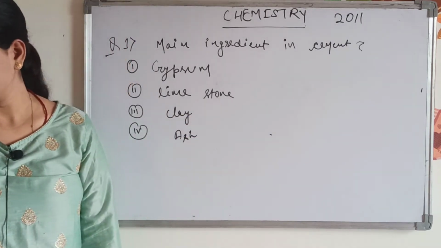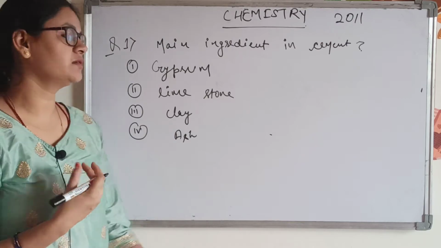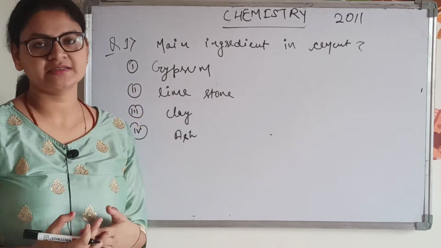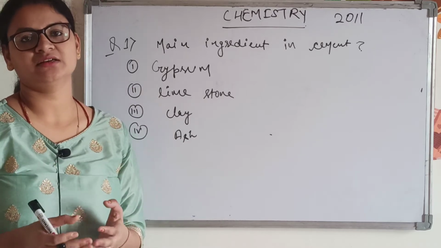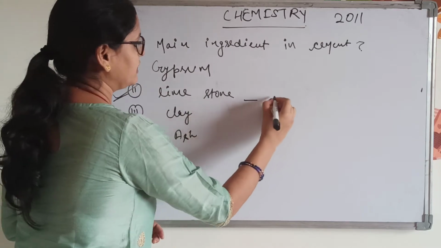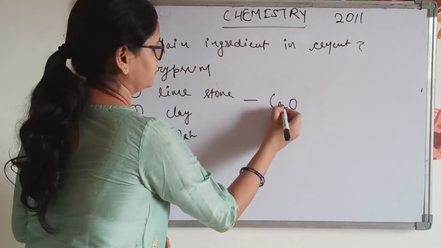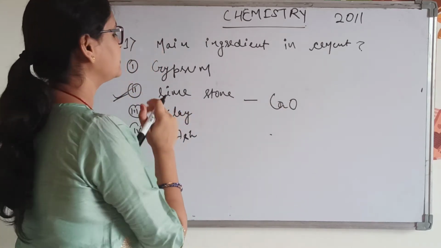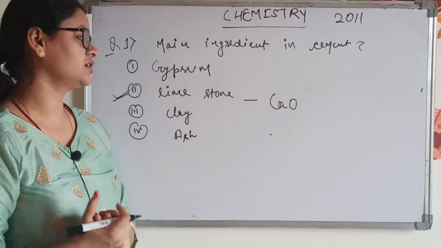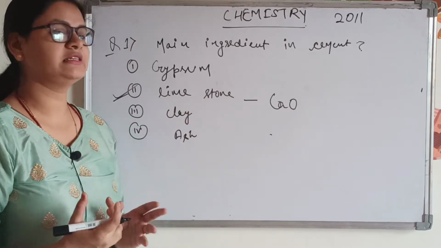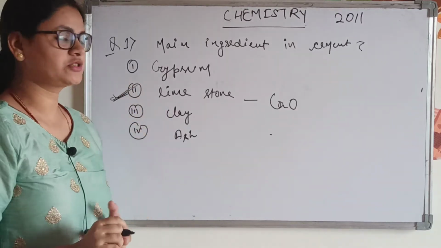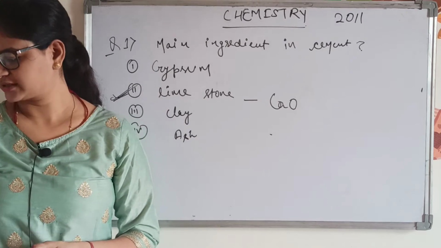See, all the ingredients are present in cement, but the main ingredient is limestone, and the formula is calcium oxide. Why is it called lime? Because calcium oxide is there, so it is limestone which is present in the form of calcium oxide. So our answer will be option number 2.